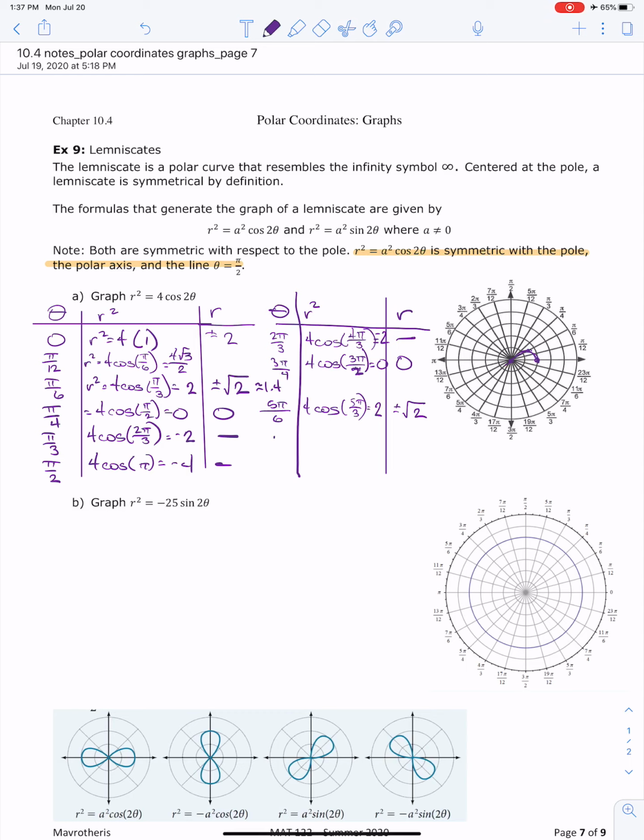And then pi, this gets us halfway around. 4 times the cosine of 2 pi, which is 1, gives me a 4, and I'm back at plus or minus 2.